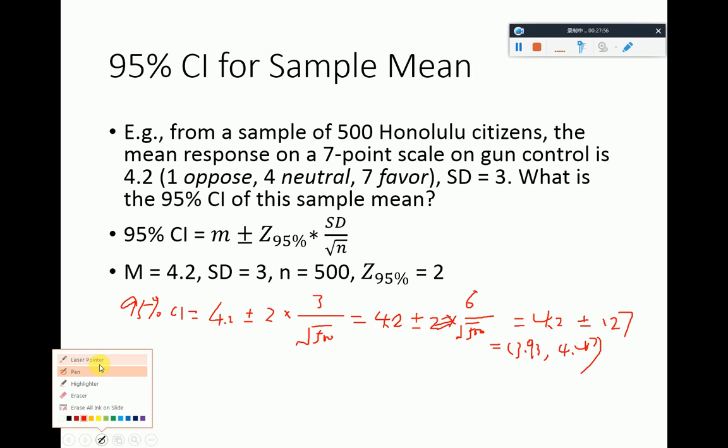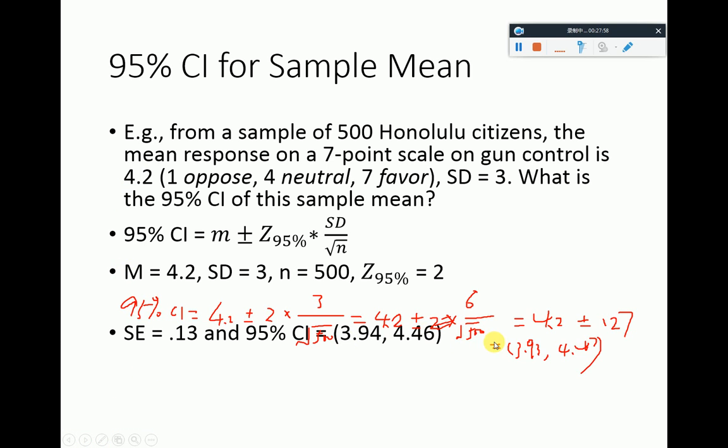Let's check the answers. Okay, close enough, right? So the standard error should be 0.13, right? That's close because 2 times 0.13 is 0.26, right?